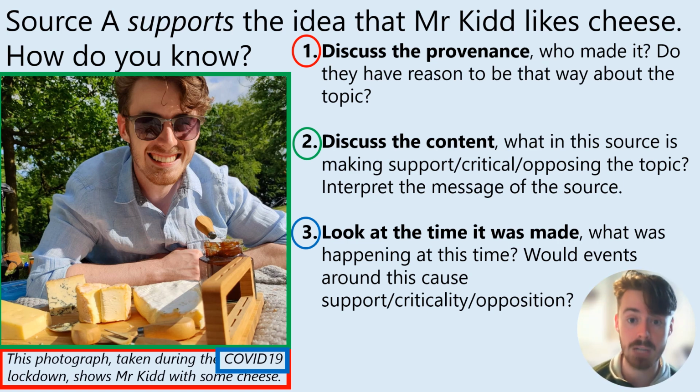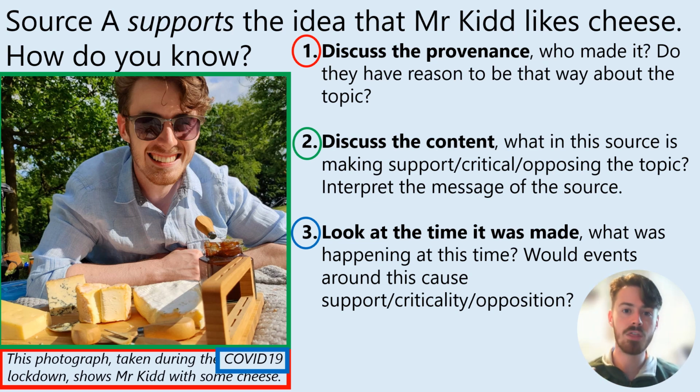The feeling is going to be different because I know when this was made, and that is something that you can use to comment on. So in this case, this photo was taken during the COVID-19 pandemic. Now, COVID-19 pandemic, I know that people were sad. I know people ate a lot of cheese. I know Mr. Kid made himself happier by eating lots of cheese. You get the gist, okay?